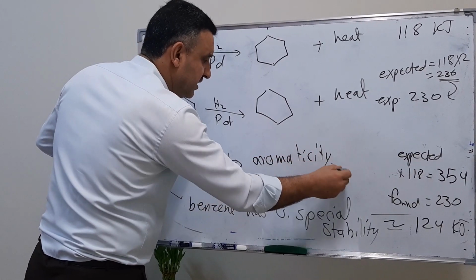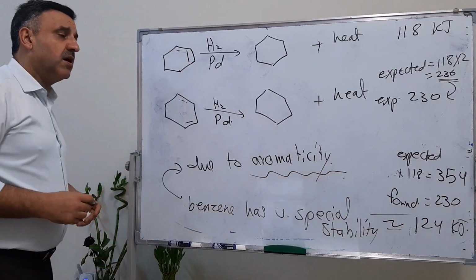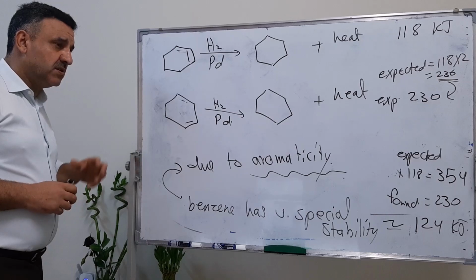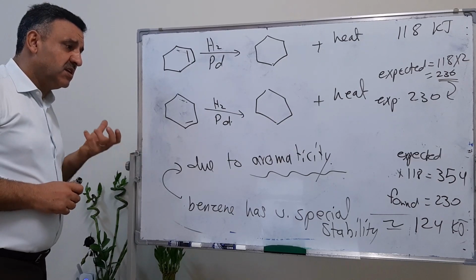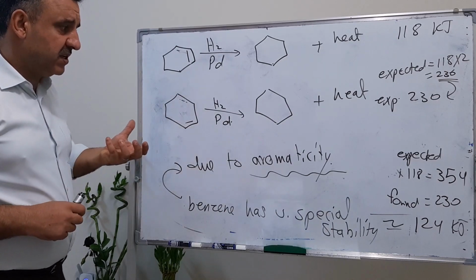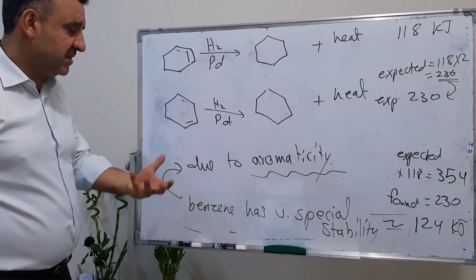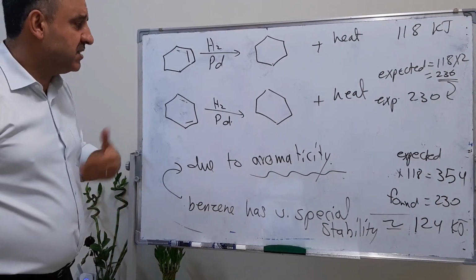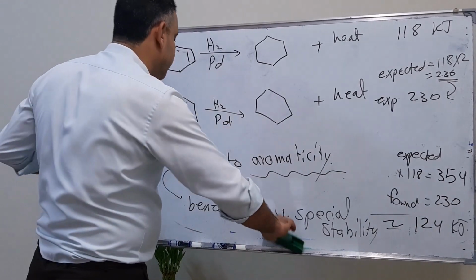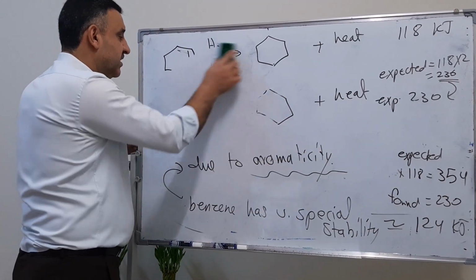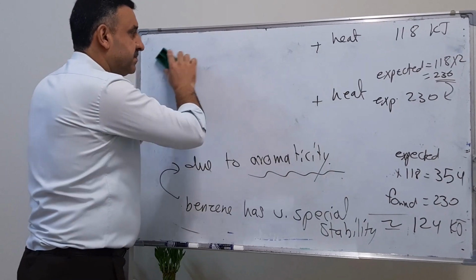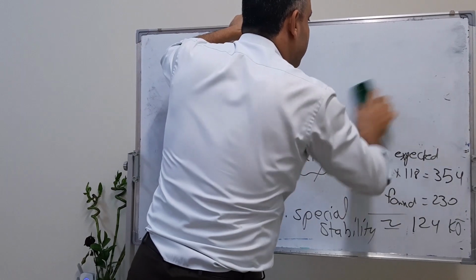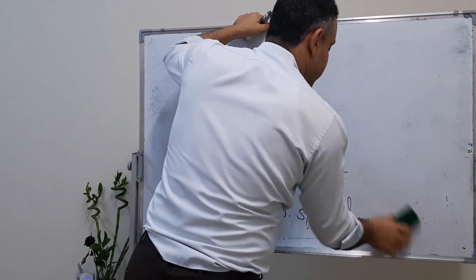And what's aromaticity? This is what we are going to discuss right now. Benzene has a special property, which we call aromatic or aromaticity. That aromaticity makes it very much stable compared to expected behavior. Do you follow me?